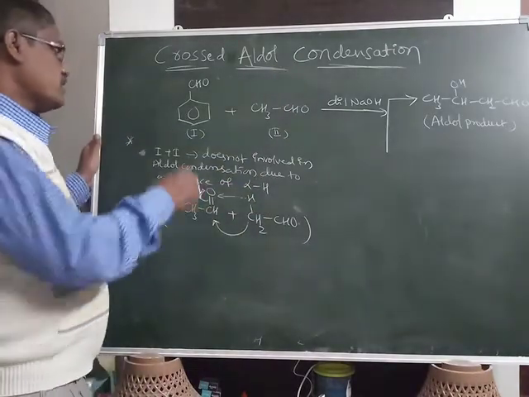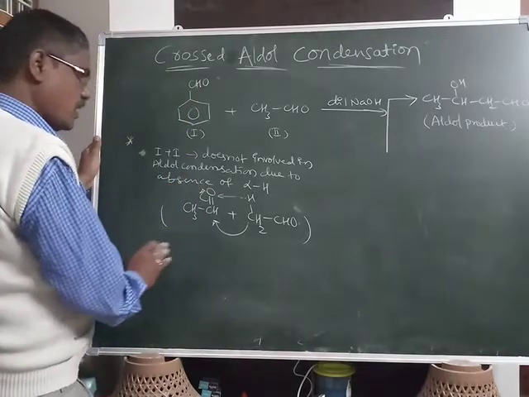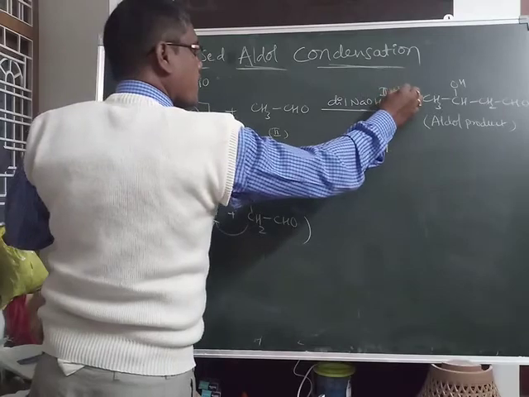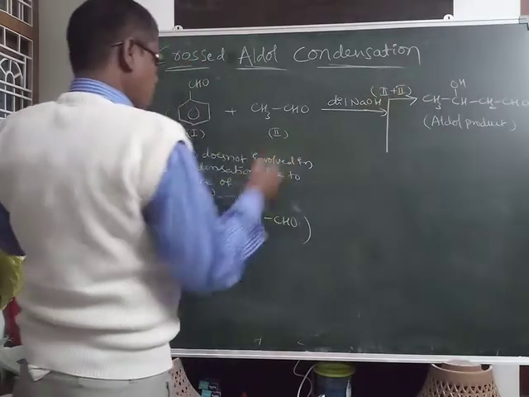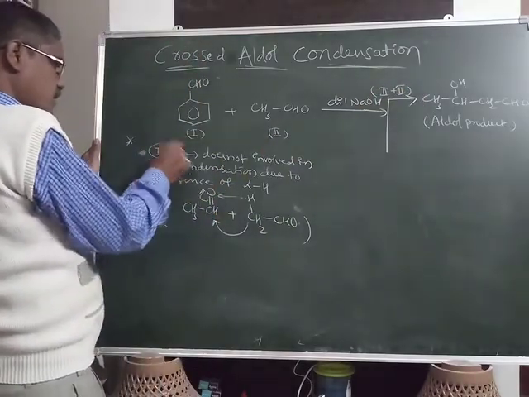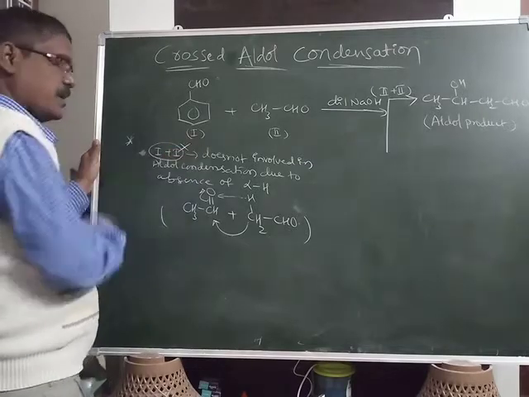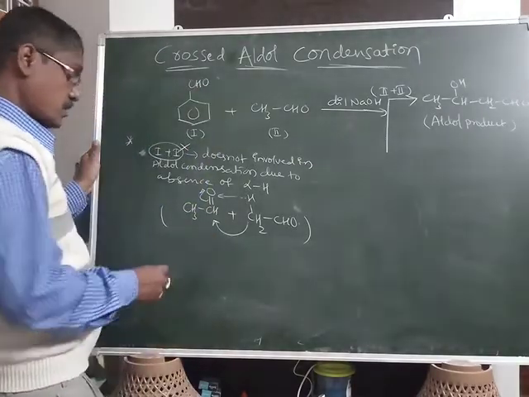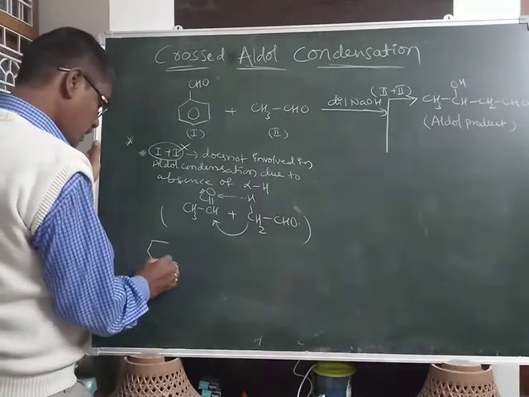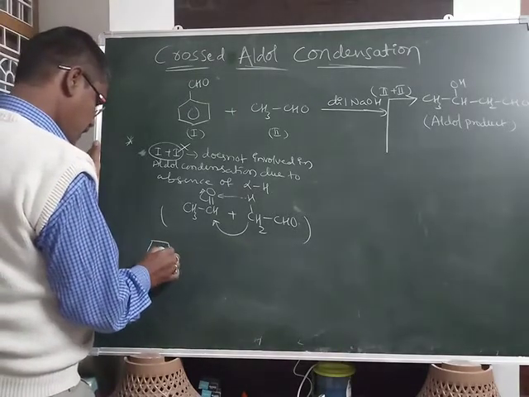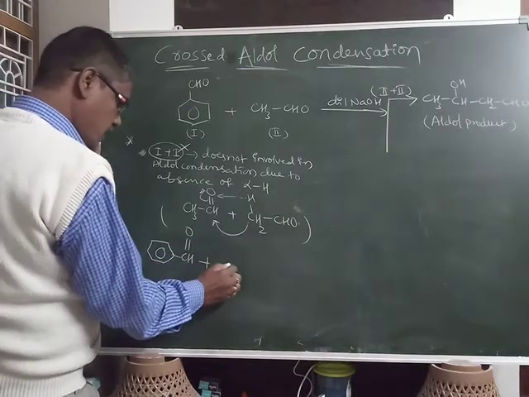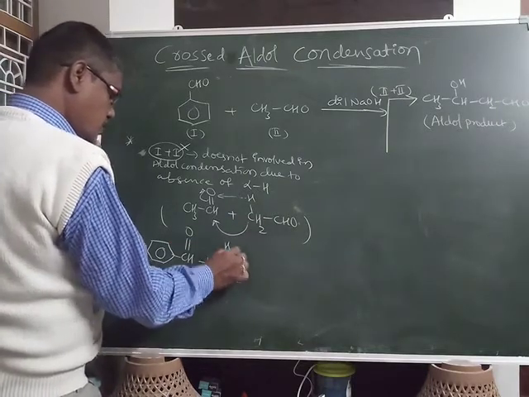But there is a choice. This is another possibility. Here 1 plus 2, and 1 plus 1 I already said is not possible, because there are no alpha hydrogens. But there is a possibility, and this is the possibility: CH double bond O and this CH2CHO.